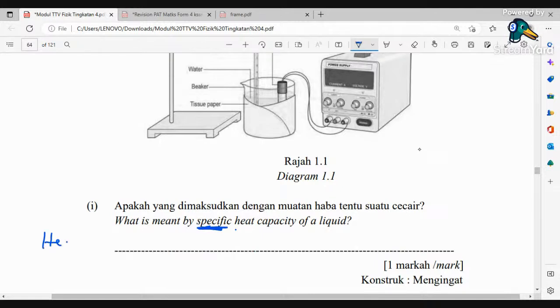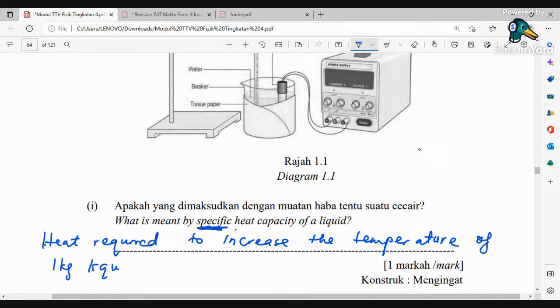So, heat required to increase the temperature of 1 kg liquid by 1 degree Celsius.